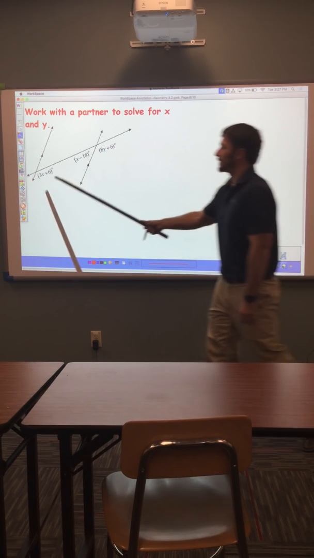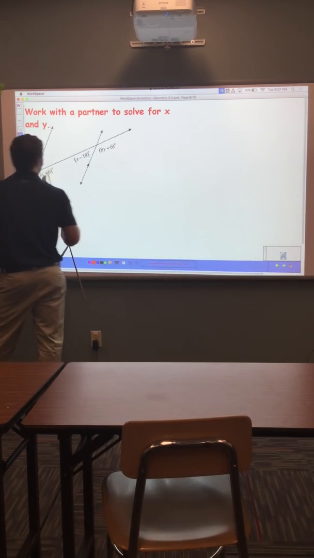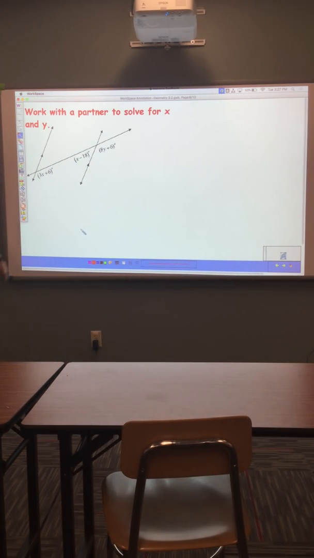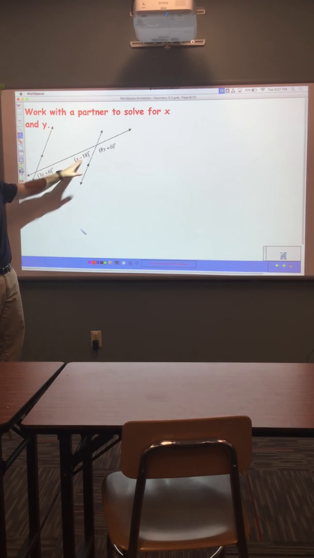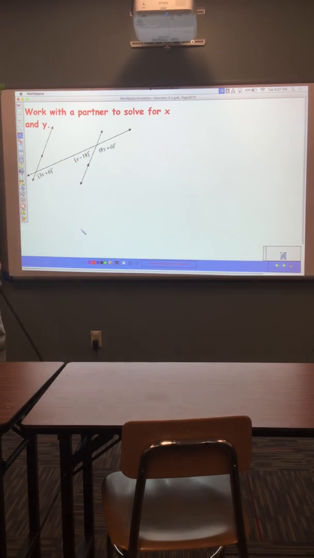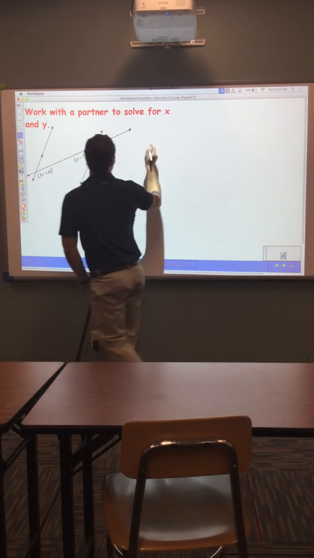So the key to this problem is we got obviously three different angles. We want to use the ones with the same variables first. So we have x's here and here. Yes, these two are equal, but one's an x, one has a y, can't solve for it yet. So you have to look at these two, they're the ones that have x. These are same side interior, meaning they're going to add to 180.